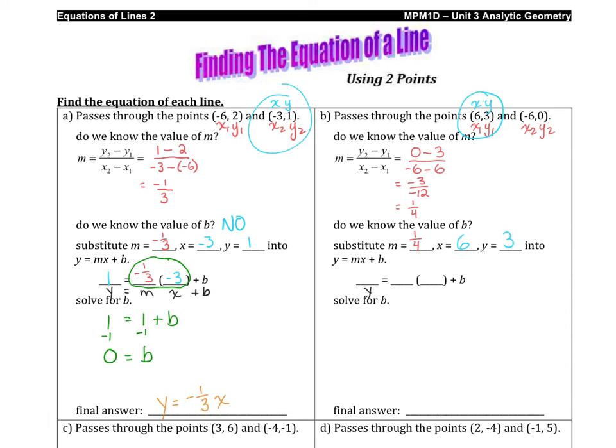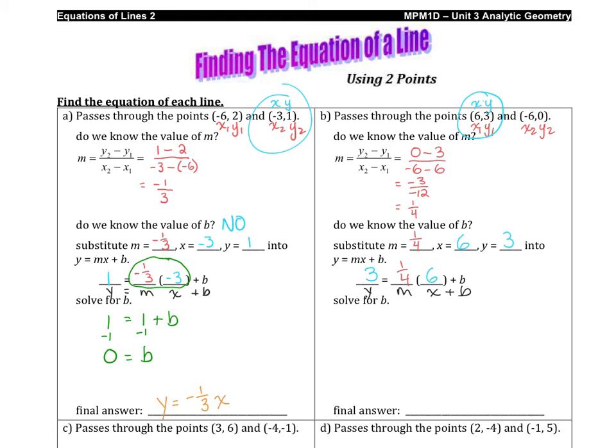All right, so this is y equals mx plus b. So the 3 gets substituted in for the y. The 1/4 gets substituted in for the m. The 6 gets substituted in for the x. And because the x value is not a multiple of the denominator of the slope, you're going to end up with fractions. You have to be able to use your fraction skills, either in your head or using a calculator.